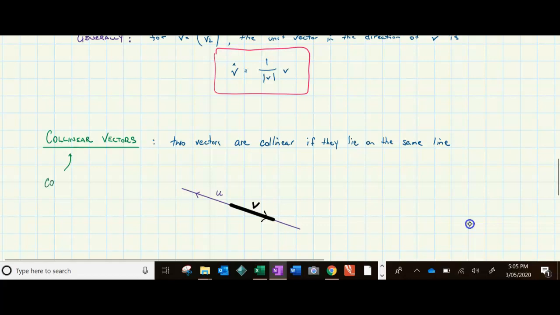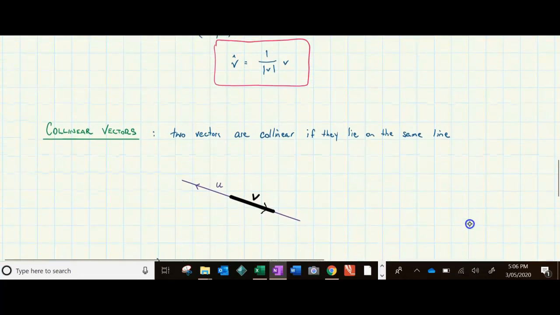Points, you would have come across before, perhaps, that 3 points are collinear if they're arranged on the same line. So vectors are collinear if those vectors lie on the same line.